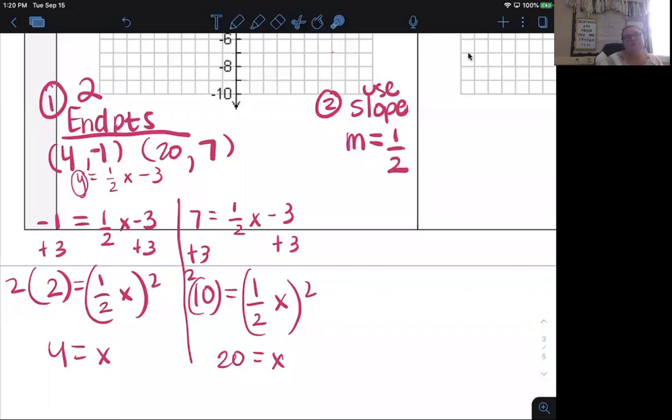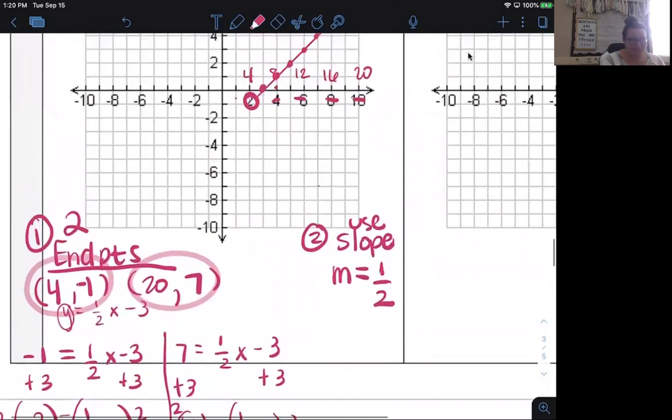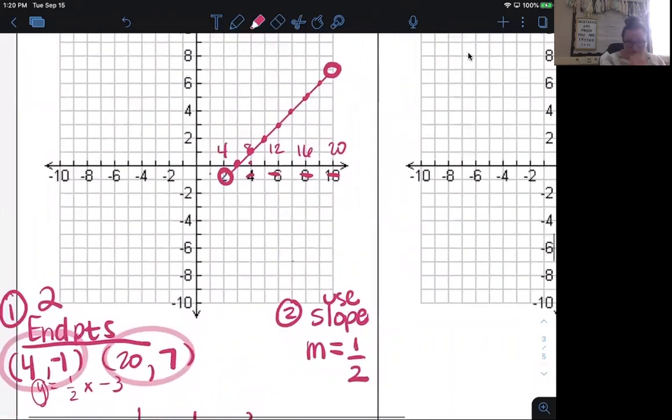All right, so this is my work for the two endpoints. I found that my first endpoint is at 4, negative 1. The second one is at 27, which since I got such a high number for my x value for that point, I realized I'm going to have to readjust my scale here. So I counted by 2.